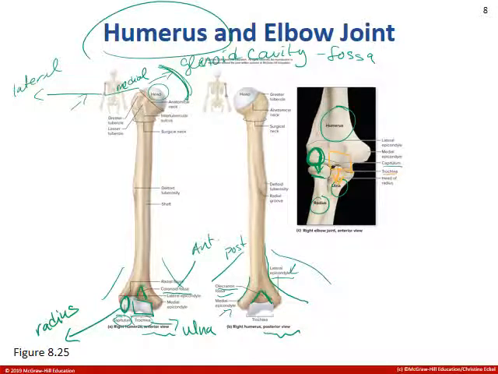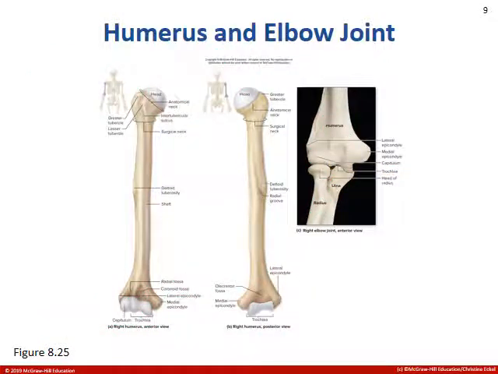But if I'm looking at a posterior view, these names don't change, but the view changes, right? So we still have medial here because it's more towards the middle, and we have lateral here because it's towards the outside. So these epicondyles are just bony projections that stick out past the capitulum and the trochlea.